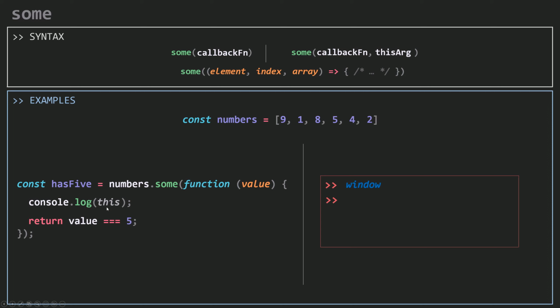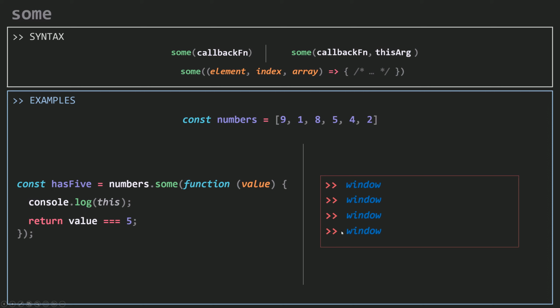It's going to again console log window, and then the value is going to be not equal to 5 because 1 doesn't equal 5, so false. So it's going to go to 8, again console log window, and then it's going to evaluate again to false because 8 doesn't equal 5, and then it's going to go to the next one, which is 5.